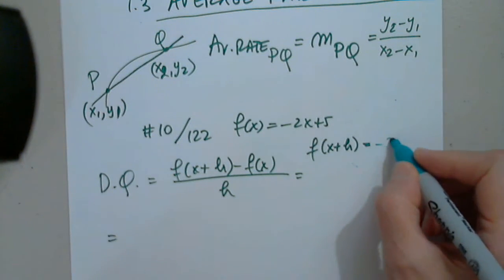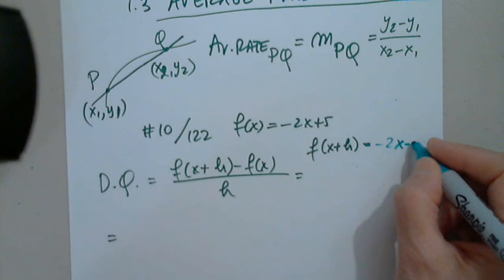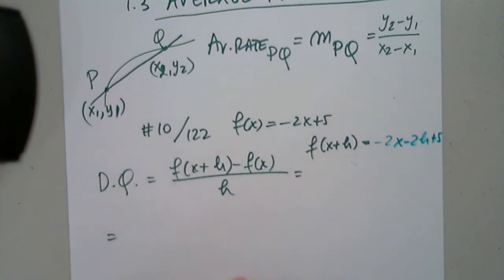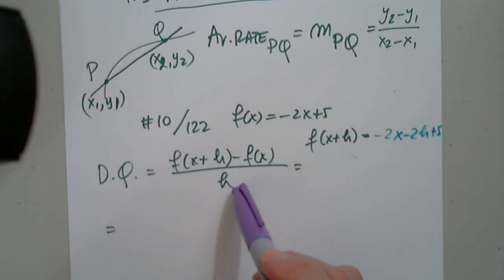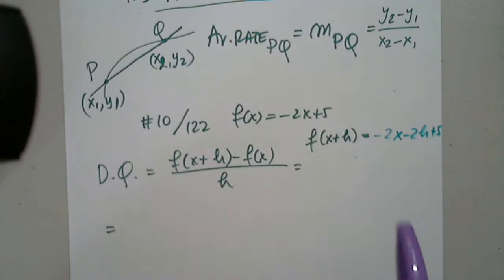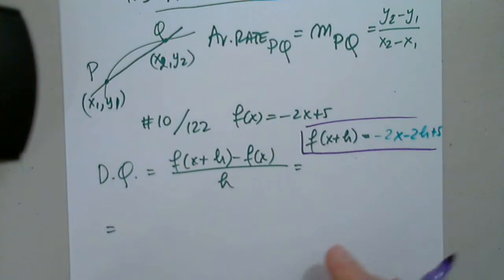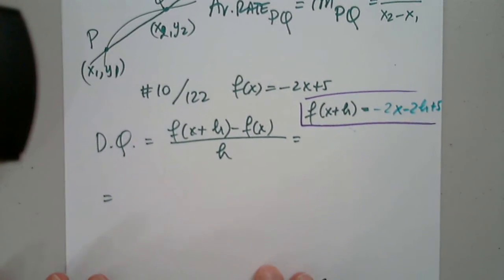Negative 2x minus 2h plus 5. Very good. And we know what has to happen, right? Number one, terms without h from the numerator have to go away. Number two, this h in the denominator has to go away. And number three, h has to be still found or left in the final simplified form.